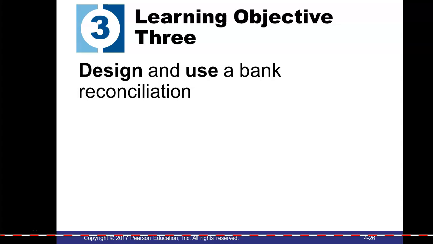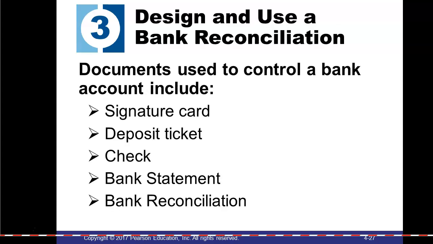So now let's think about putting together some kind of reconciliation. Why do we do a bank statement? A bank statement provides you with information on all the transactions that occurred in your bank account. That means money coming in through your revenues and cash receipts, money going out through your checks or ACH debit payments. So we want to be able to control the bank account.